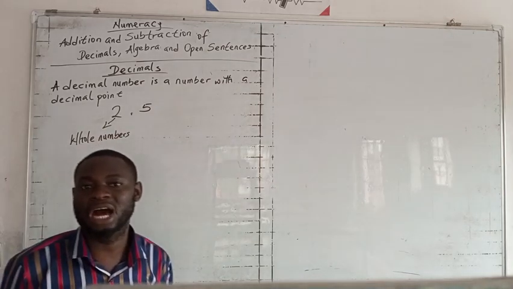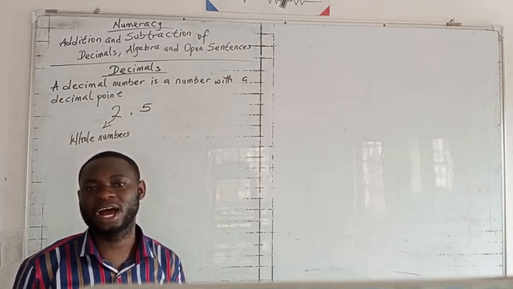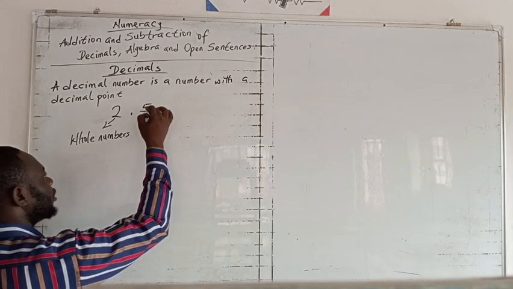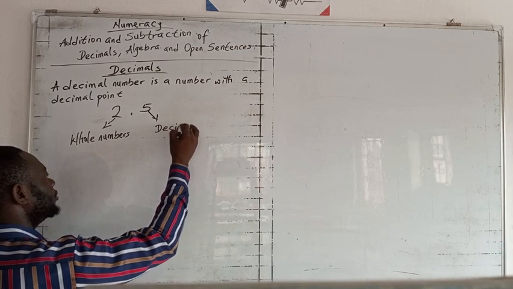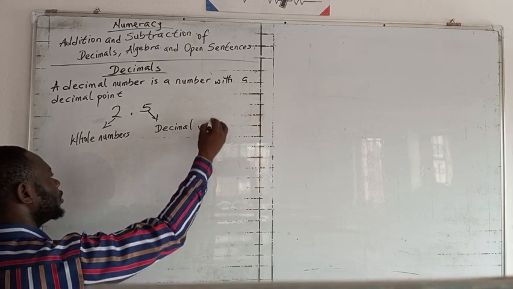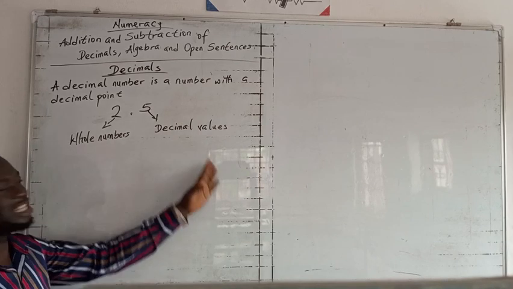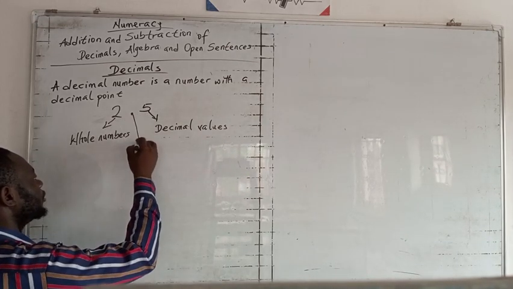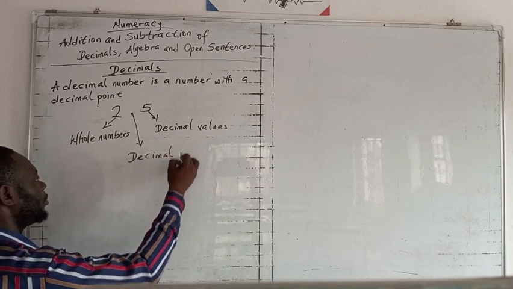Remember, whole numbers are our counting numbers. 1, 2, 3, 4, 5, 6. All of them are whole numbers. Okay? Then this part of the decimal number is called the decimal values. So this is the decimal value part. Then the point itself is called a decimal point.